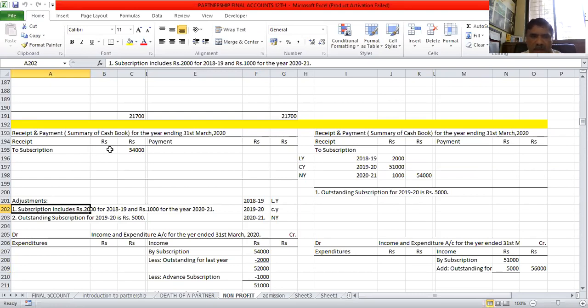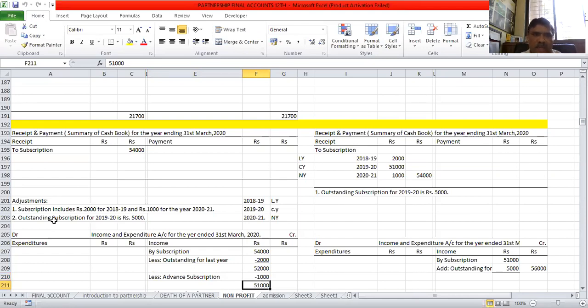Next year's income included in this is 1,000. So out of this, the 1,000 income is of next year, so definitely I have to exclude that. That is why we will minus advance subscription 1,000. That means the remaining is 51,000.